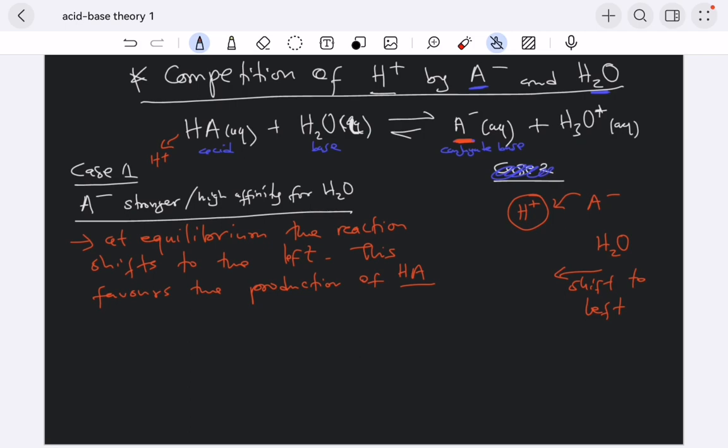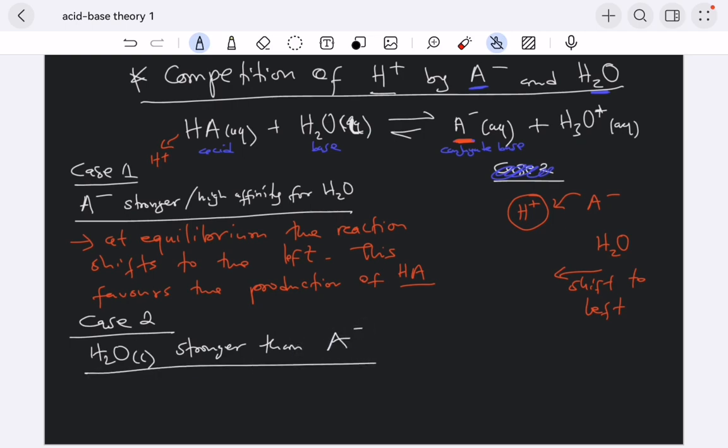Then for case 2, it's the opposite. It's very important for us to understand this relationship. For case 2, we are saying now water, which is our liquid, is stronger than the conjugate base. So the competition between this and water is that water will now react with a proton. When this water reacts with a proton, it means that the reaction will shift to the right.